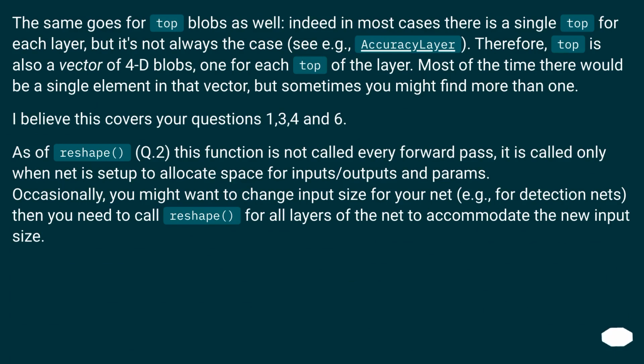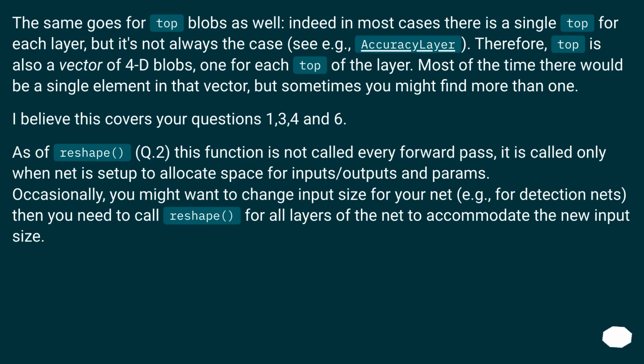See for example the accuracy layer. Therefore, top is also a vector of 4D blobs, one for each top of the layer. Most of the time there would be a single element in that vector, but sometimes you might find more than one. I believe this covers your questions 1, 3, 4 and 6.